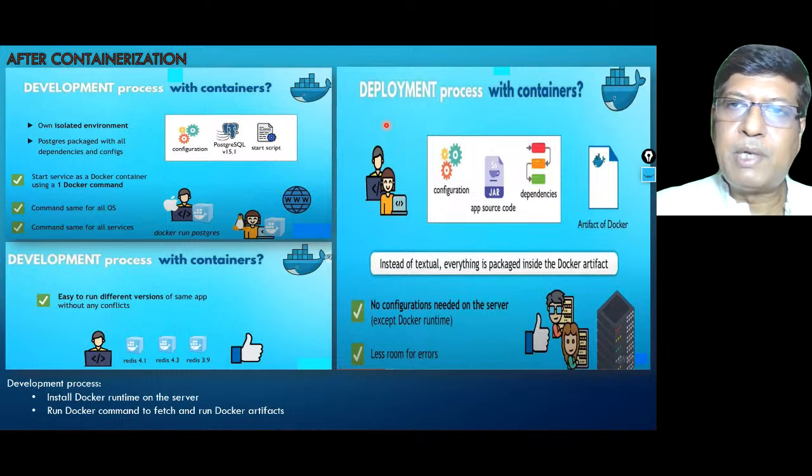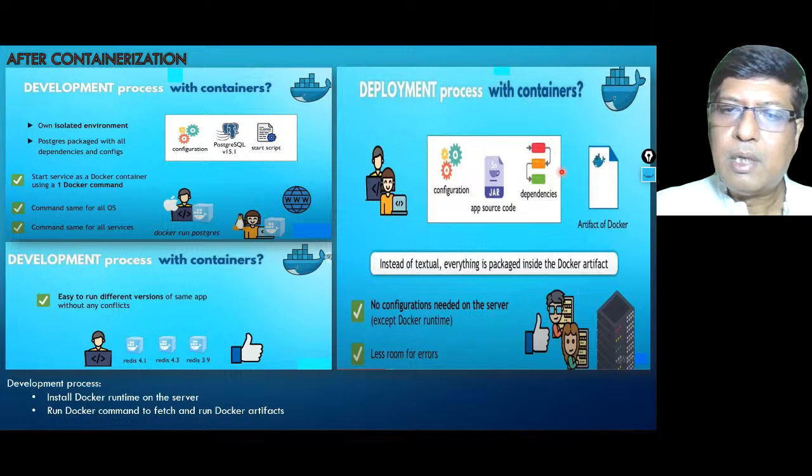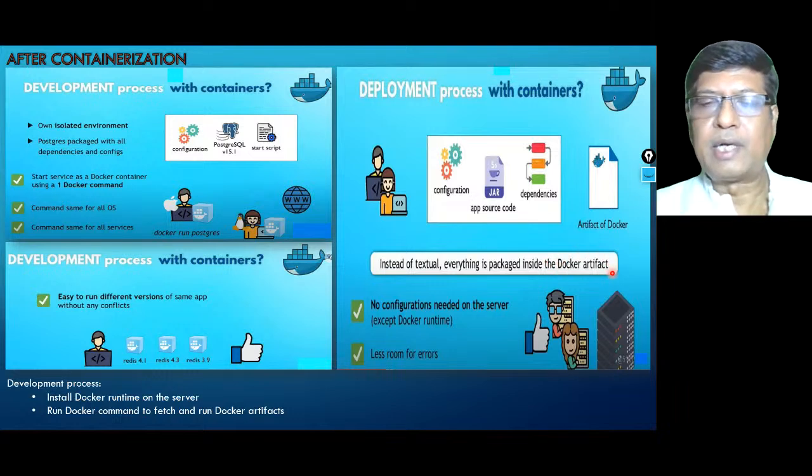And what about the deployment? The deployment process with containers is very simple. Instead of textual artifacts, documents and instruction manuals, everything is packaged inside the Docker artifact. Docker artifact means the image and the container.